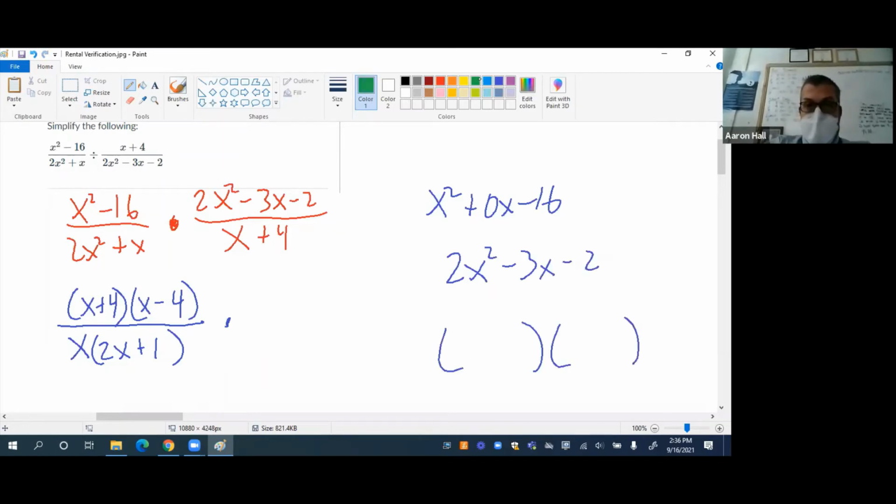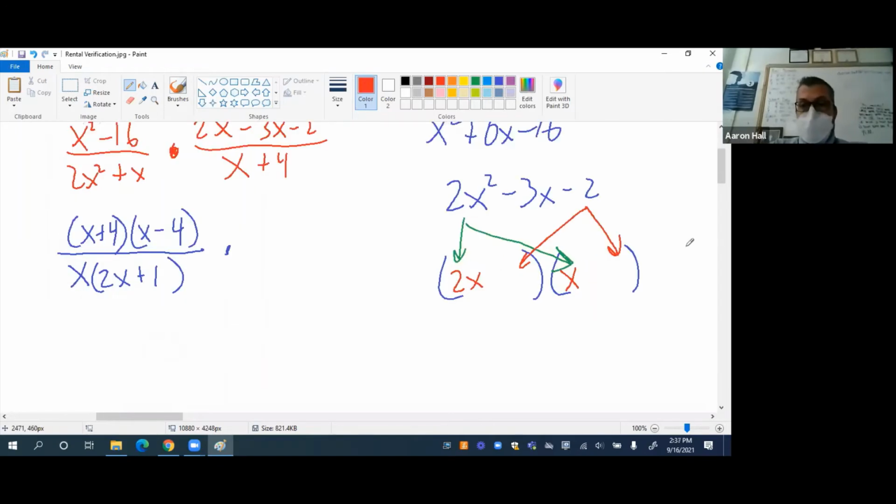Remember how to do this? All right, so I have 2x and x, and we're trying to think of some combination. So the outer numbers plus the product of the inner numbers gives us -3, right? What is it?